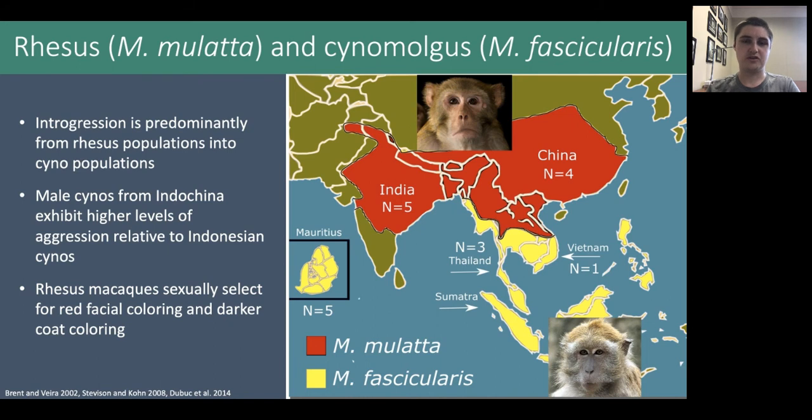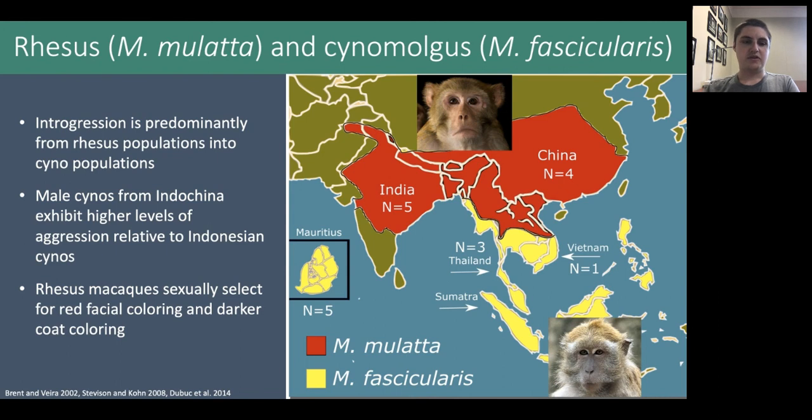As I mentioned, rhesus are larger and more aggressive, so that suggests that they could actually outcompete cyno males for cyno female mates. In addition to that, it's been shown in a laboratory setting that male cynos from Indochina are more aggressive than Indonesian cynos, and that suggests the possibility that these cynos near the contact zone have to be more aggressive to compete with introgressing rhesus individuals.